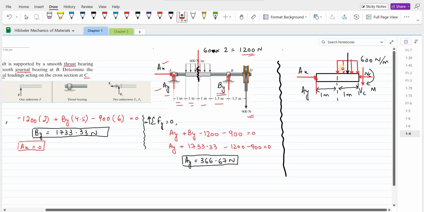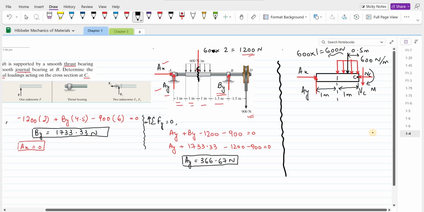And for the magnitude of this resultant, we have to find the area of this distributed loading. So the magnitude is 600 into 1, so 600 newtons. And it is at a distance of 0.5 meters from the point C. This is the point C.